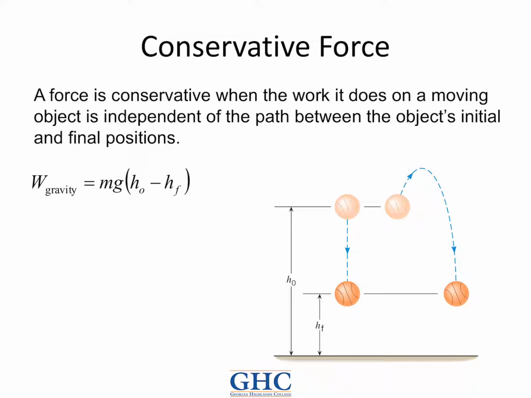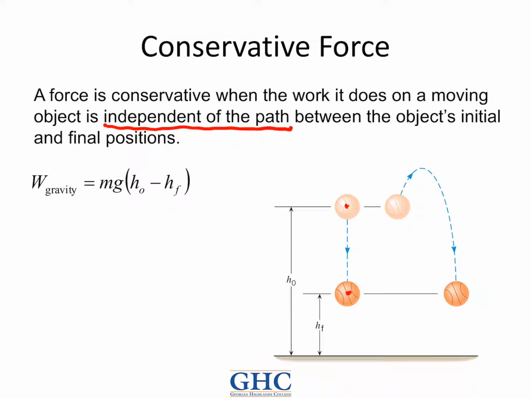A conservative force means the work done by this force is independent of the path the object took, as in an object started from one initial position and ended up at another final position.